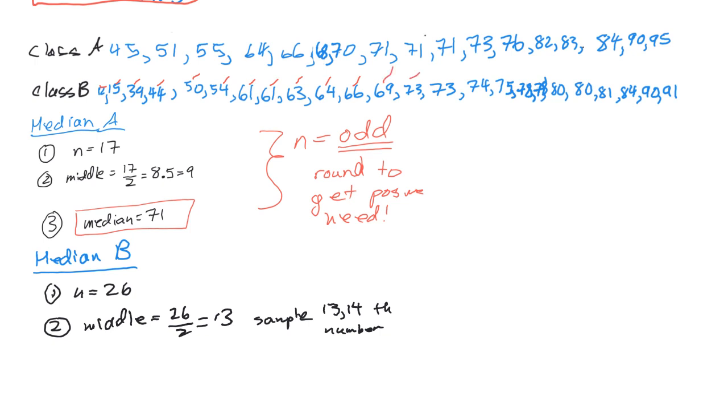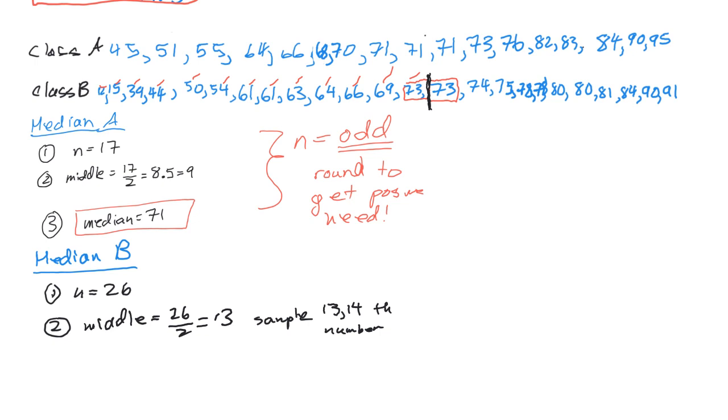Here is our 13th position, and here is our 14th position, because the middle is actually in between these two. Another way of looking at this is if I counted from the outside into the center, we'd have both our fingers right beside each other at 73 and 73.